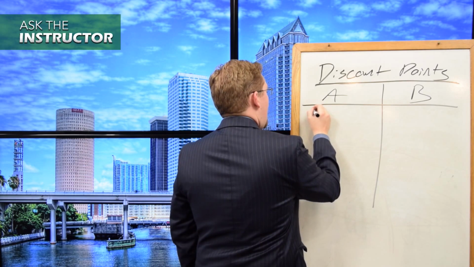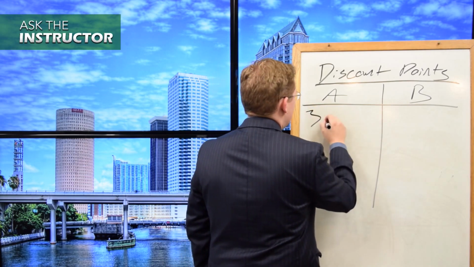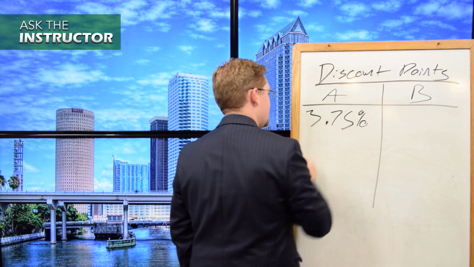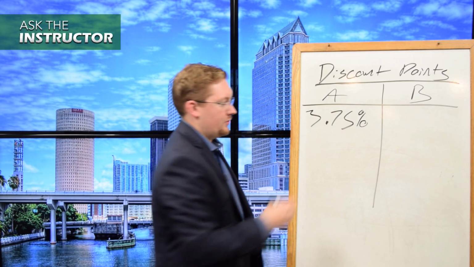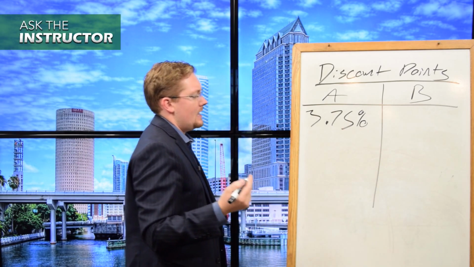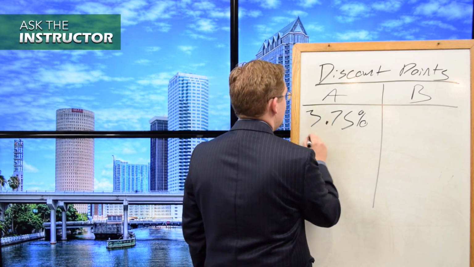Let's say we have this loan. Let's use some different numbers here. Let's try to use some realistic numbers. We have 3.75% interest, and let's say that we're going to have to pay, let's do something ridiculous, let's say 7 points.